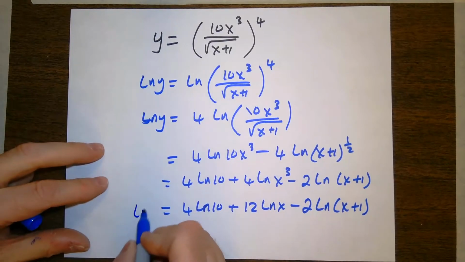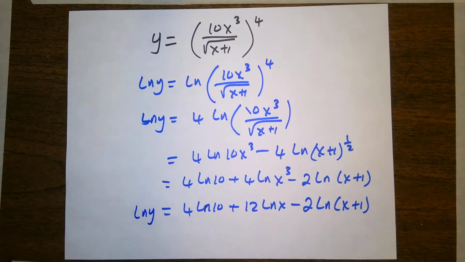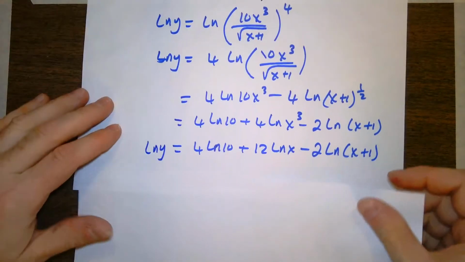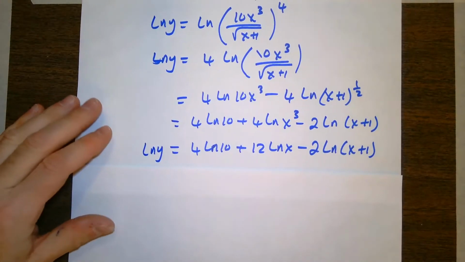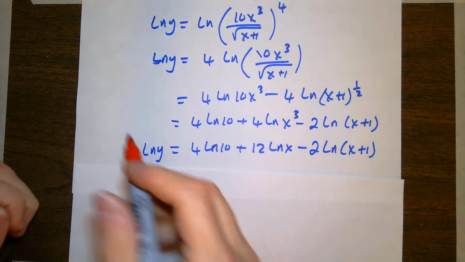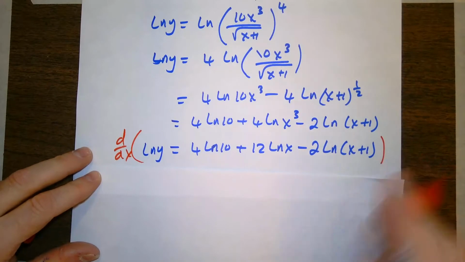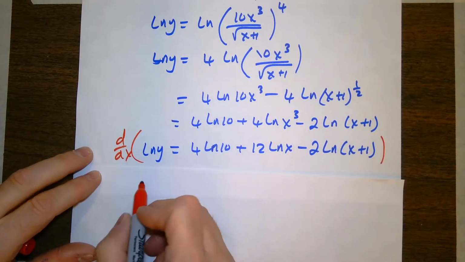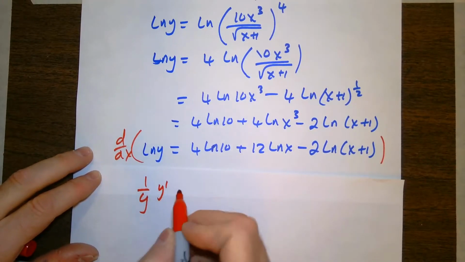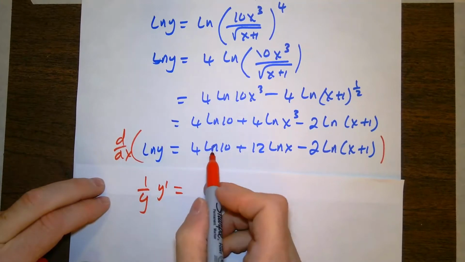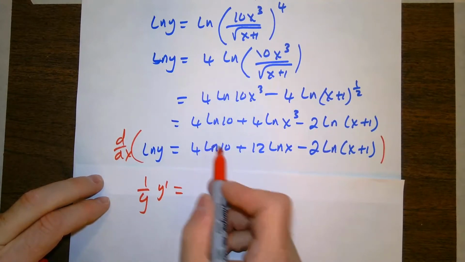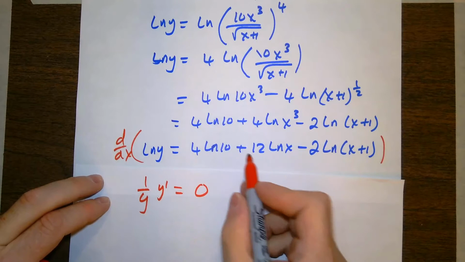Don't forget we've got the natural log of y here. So now I'm going to take the derivative of both sides. I'm going to take the derivative of this whole thing. All right, when I take the derivative of the natural log of y, it's going to be 1 over y times y prime, equals the derivative of 4 times the natural log of 10, that's a constant. The derivative of a constant is 0.